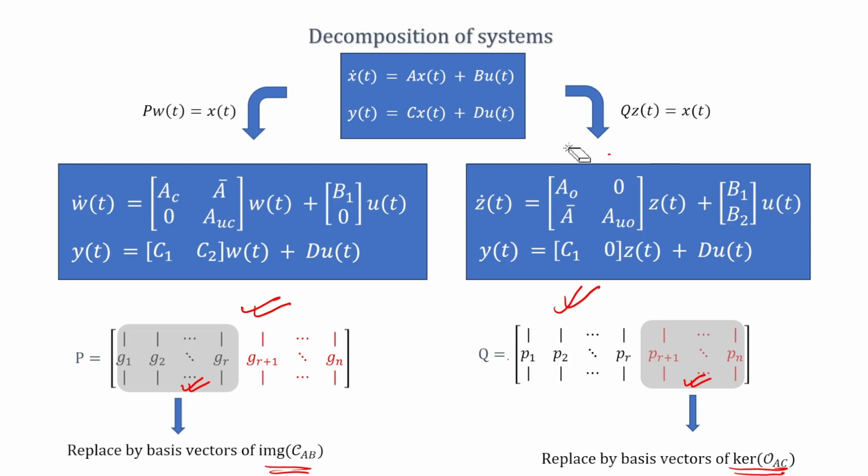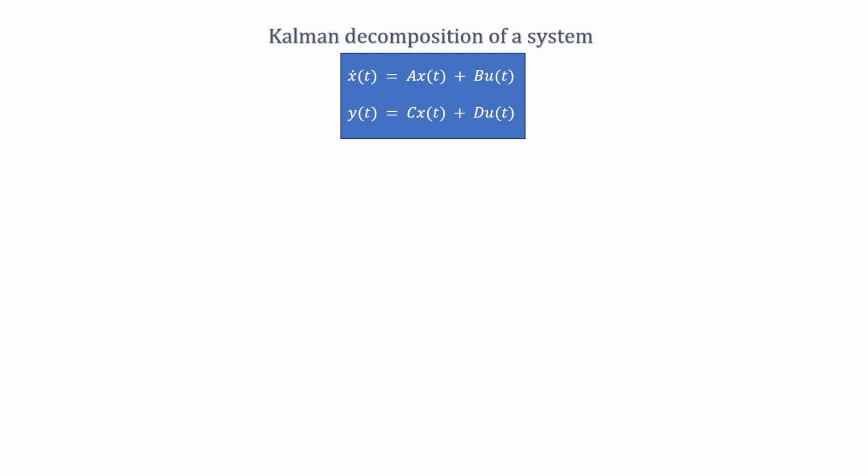So this brings us to what is known as Kalman decomposition of a system. Now you notice that I had taken the A matrix. Now the A matrix will have, say, n number of eigenvalues, since A is an n cross n matrix.